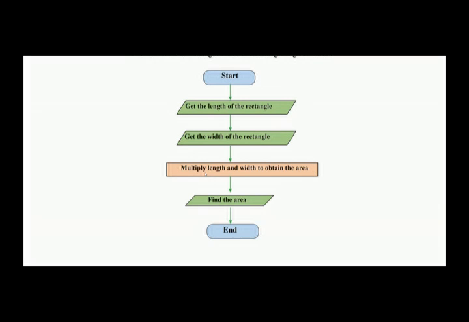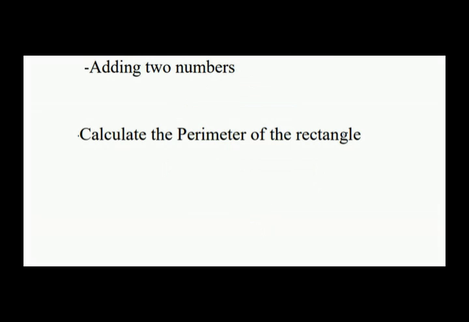But I suggest you write the formula because it's very easy for us to identify. So you have to write the formula here. That is area equals length into width. So that is easy. So this is the flow chart of finding the area of a rectangle.